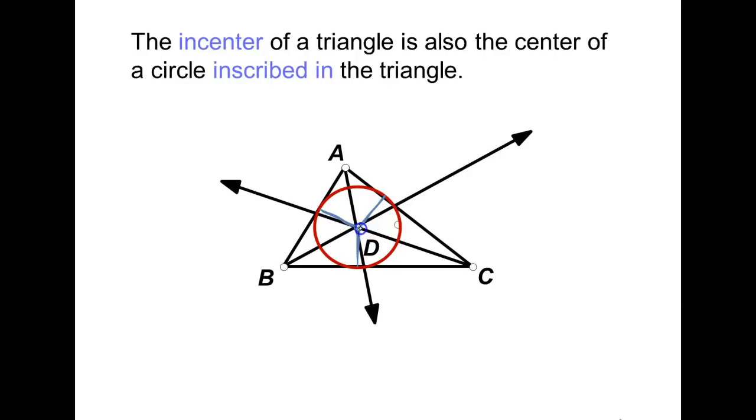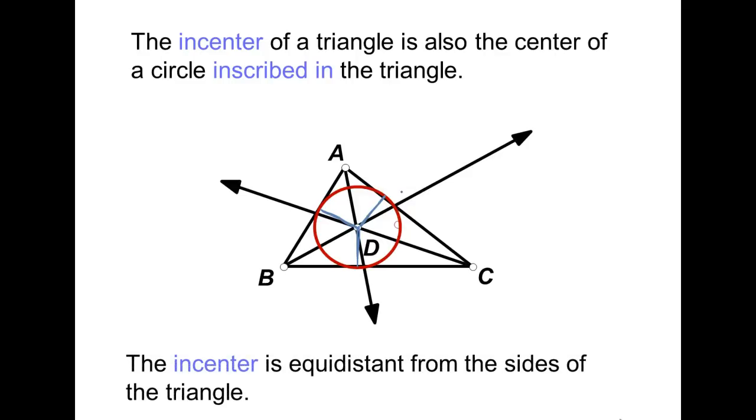And the shortest distance between the point and each side is the radius drawn to it perpendicular to the side. Okay, so the incenter is equidistant from the sides.